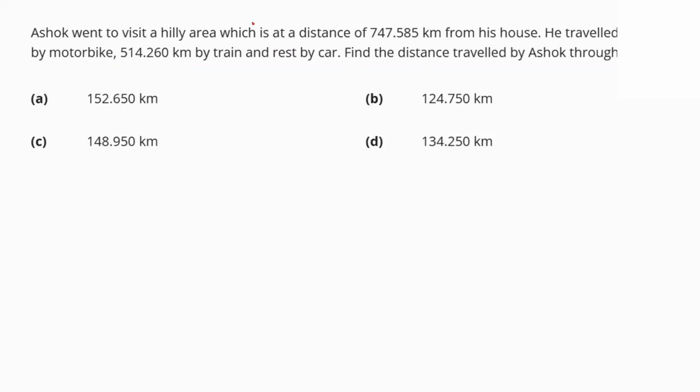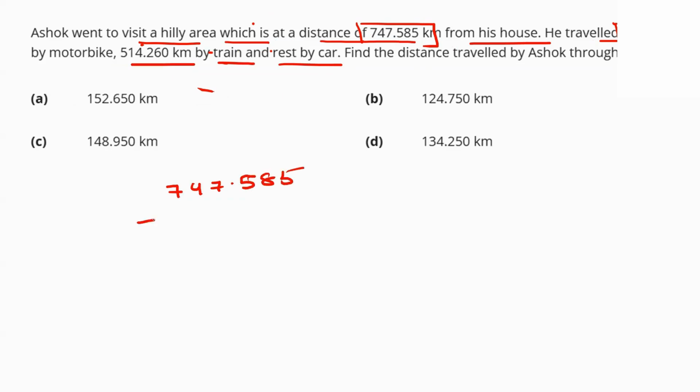Next, question number 43. Ashok went to visit a hilly area which is at a distance of 747.585 kilometers from his house. He traveled 84.375 kilometers by bike, 514.260 kilometers by train, and the rest by car. So what we'll do is simply subtract first the distance traveled by bike.